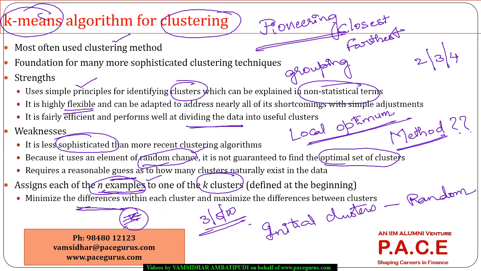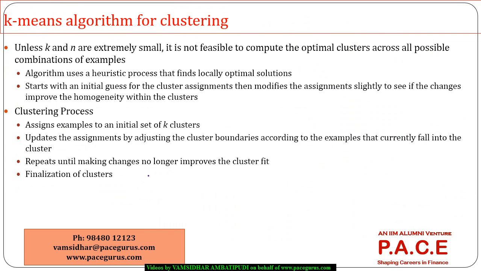So within each cluster, the examples have to be very close, and it tries to maximize the distance between the clusters. Within the cluster, the differences are very minimal, they are close enough, whereas between the clusters, the differences are much wider. That is the major funda used for the classification process.